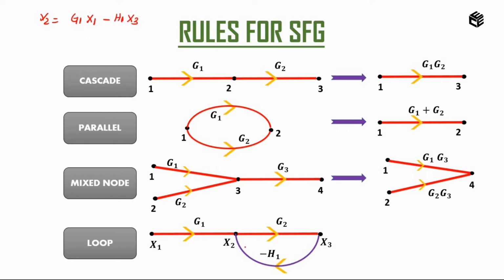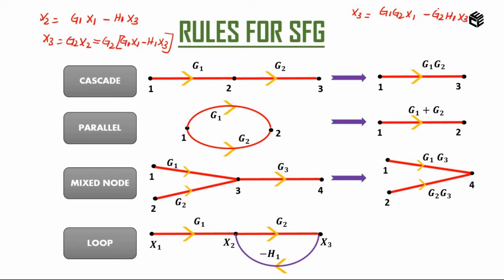Correct. Similarly, how can I write x3? x3 is equal to g2 into x2. In place of x2, I am going to substitute this expression. So x3 is g2 into (g1 x1 minus h1 x3). I multiply all these terms, so I get x3 equal to g1 g2 x1 minus g2 h1 x3.